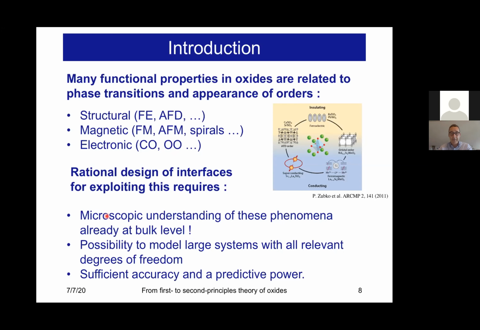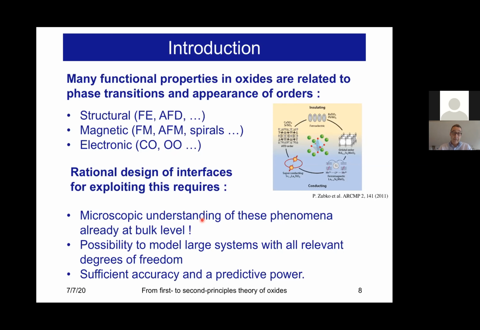And of course, if you want to rationalize this, you need to have some microscopic understanding of these phenomena. And what is very important also is not only to focus on the interface itself, but already to get some understanding at the bulk level. If you know what the key ingredients of the phase transition are, then you can think about how to implement some modification of that through a rational use of interfaces.